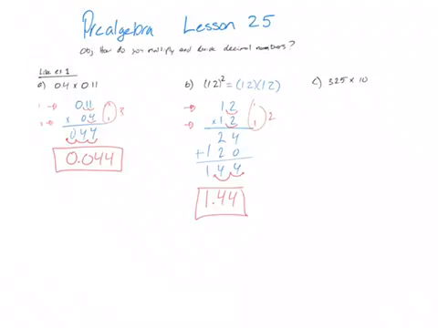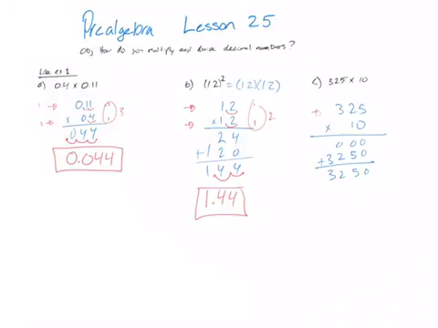Let's try another one. I have 3.25 times 10. So 0 times 5 is 0, 0, 0. 0 to hold the place value. 5, 2, 3. Add those up. 0, 5, 2, 3.